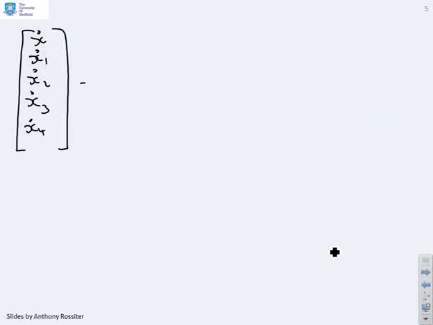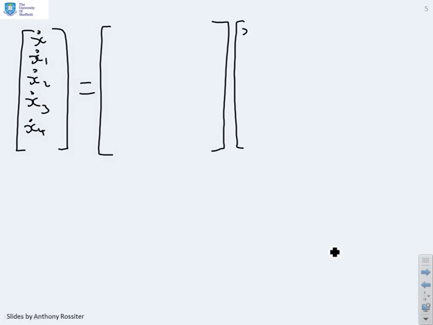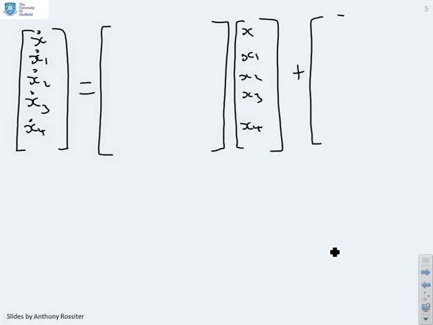So here we go. I'm going to write my vector x dot, x1 dot, x2 dot, x3 dot, x4 dot equals, and this is going to be multiplying a vector on the right hand side, which is clearly x, x1, x2, x3 and x4, and I've also got something times u.